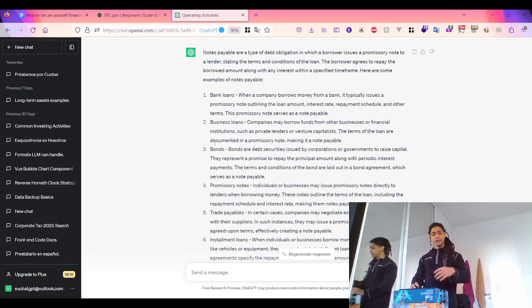And also you have the business loan, where companies want to borrow money from financial institutions such as private lenders, equity, or venture capitalists. Bonds, which are issued by corporations or governments to raise capital, represent a promise to repay the principal plus the interest over a periodic time.